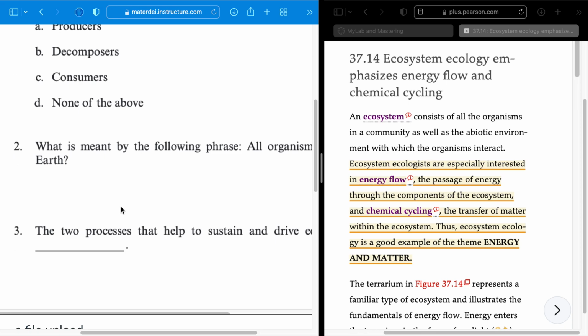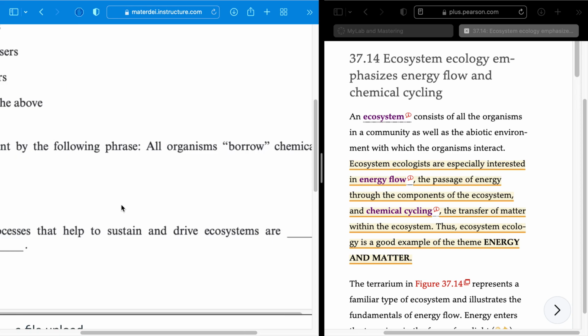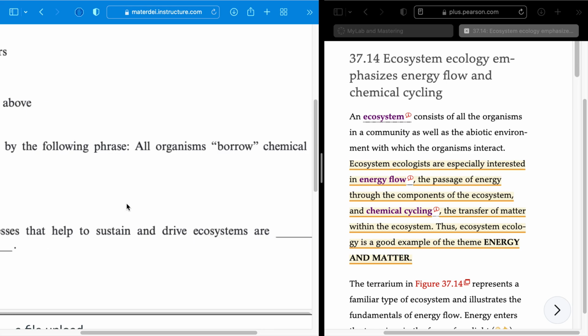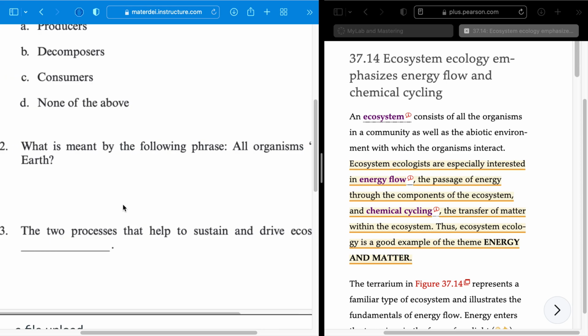So question number 2, I think you can answer that. What is meant by the following phrase? All organisms borrow chemicals from the earth. So how about you? You're made up of molecules. Where did the atoms come from that you're made up of? You can't really say that they came from your mom. Where'd they come from for your mom and from your dad? They came from the food that they ate.